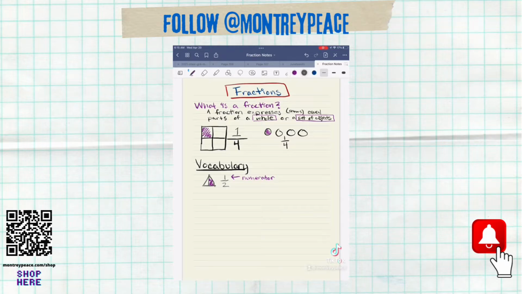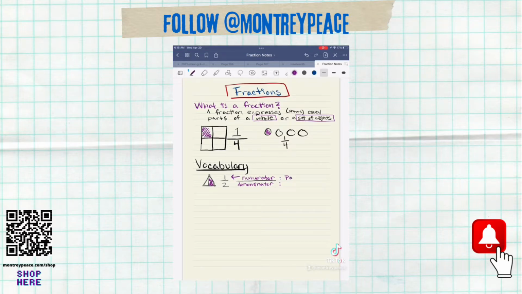The top is what we call the numerator. That is the part that is shaded in this situation. Sometimes they may ask you for the not shaded, but the numerator is the part of the fraction that you are talking about. And then the denominator is the bottom. I should have drawn that arrow in there.